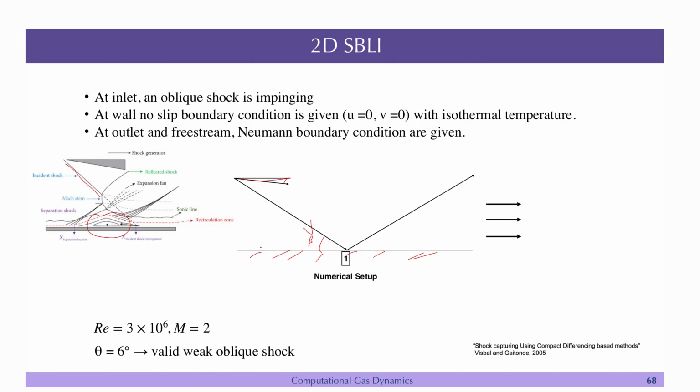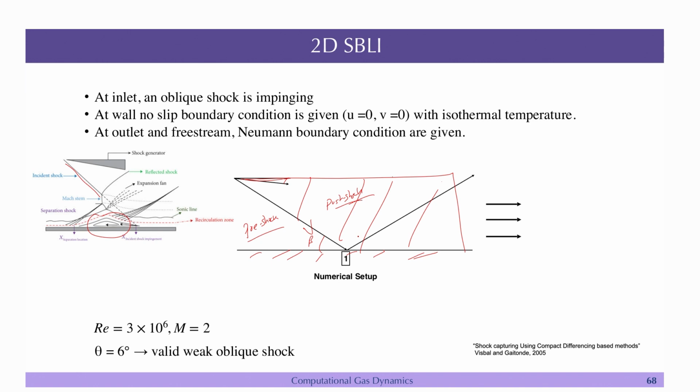So you will give this pre shock condition here, and the post shock condition on all the domain on the right hand side. This is all the post shock condition in the beginning, at t equal to 0.